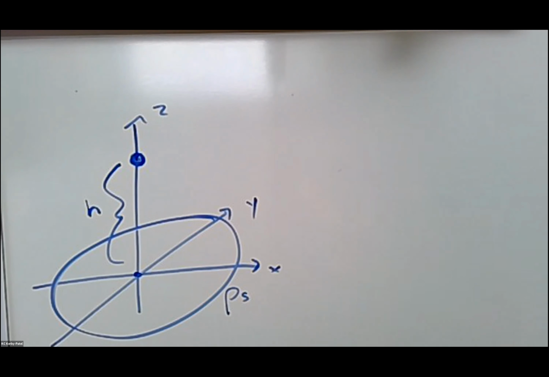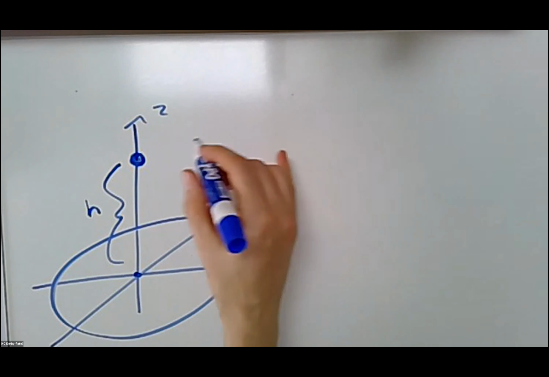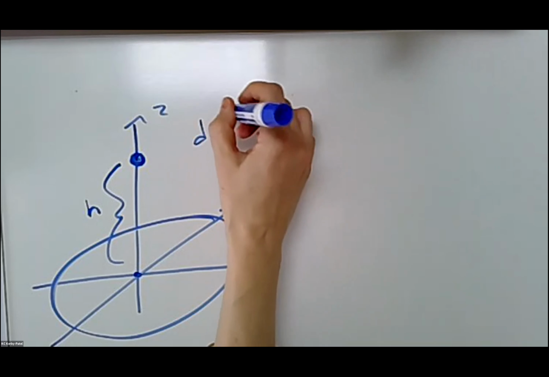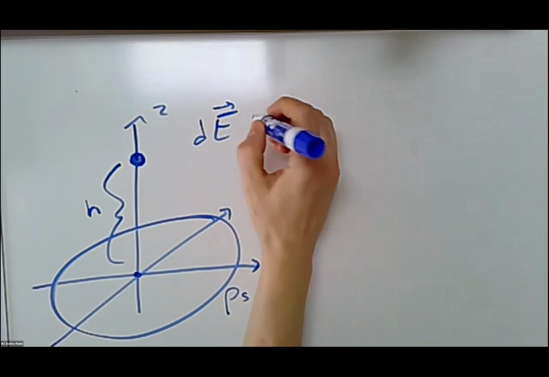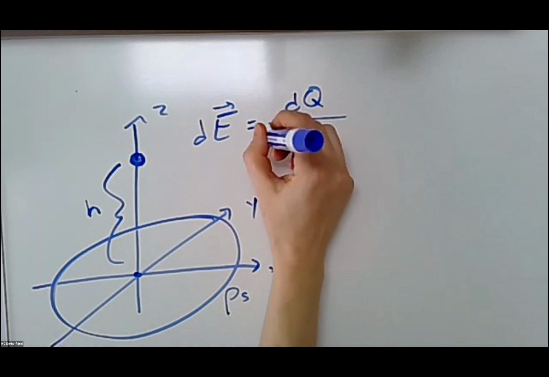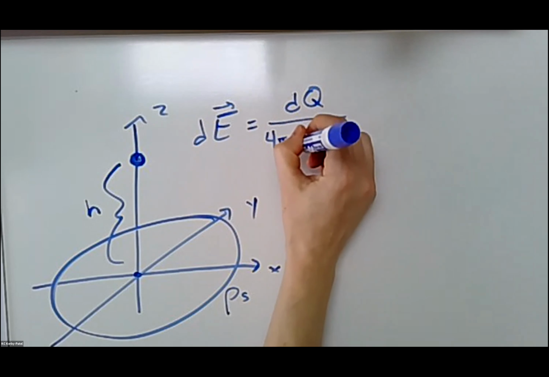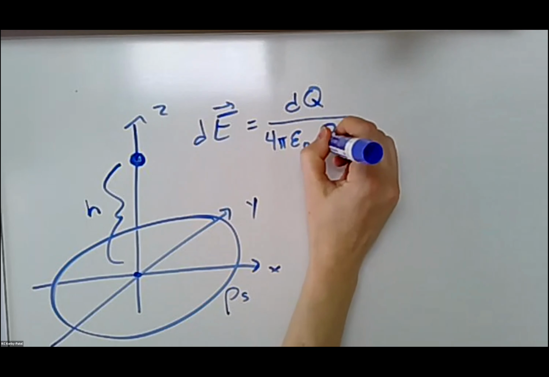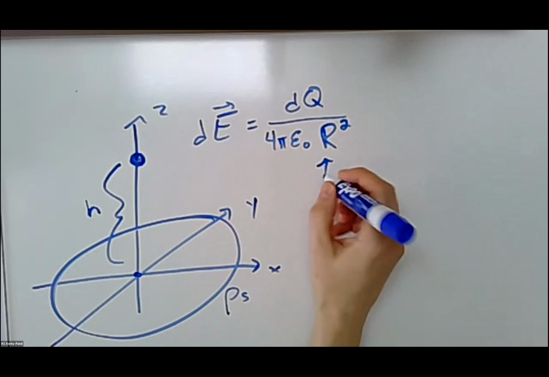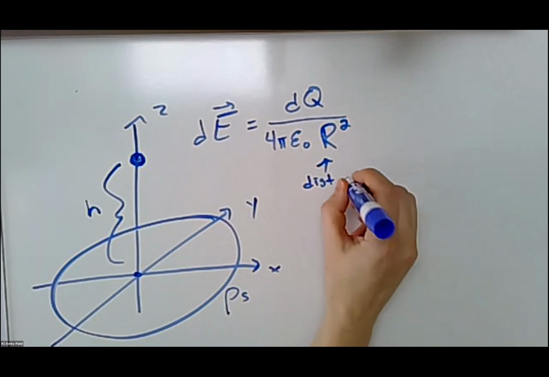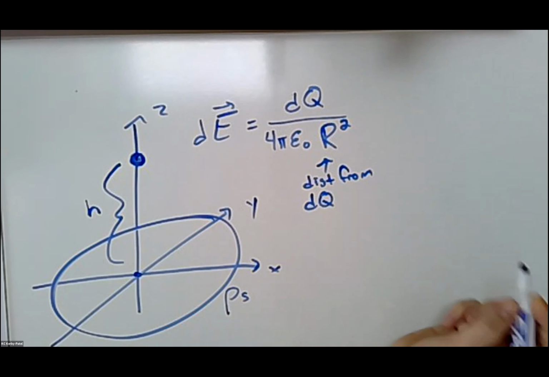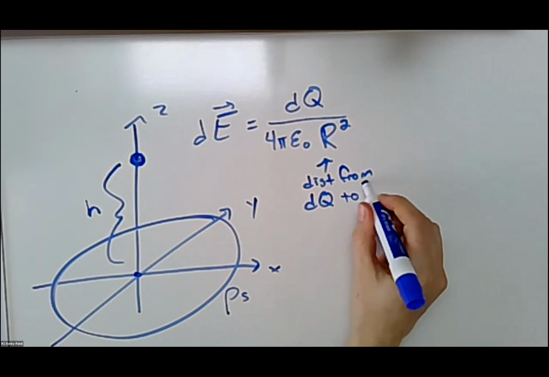the first thing I need to know is that the differential electric field element is going to be dq over 4 pi epsilon naught R squared. Remember that R is the distance from my differential charge to the observation point.